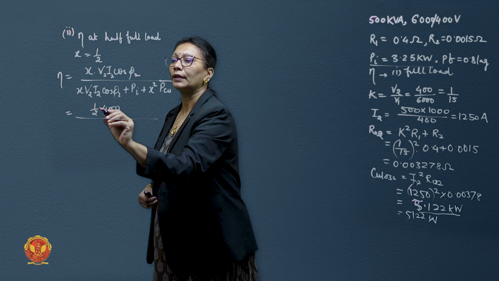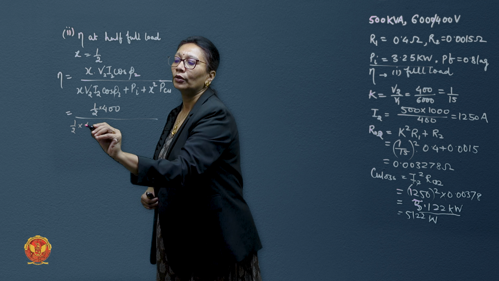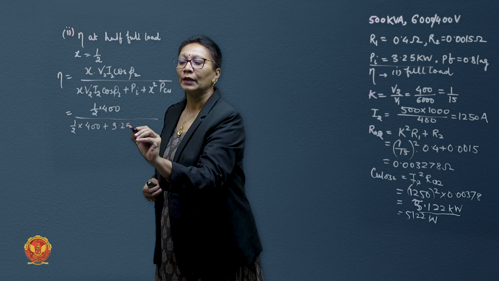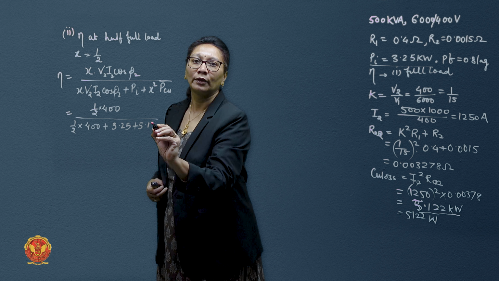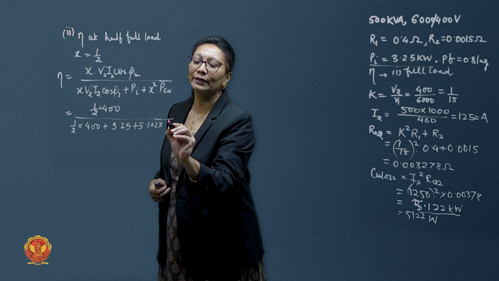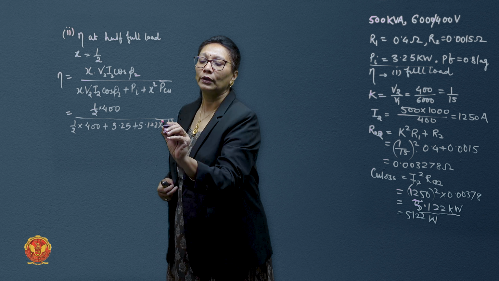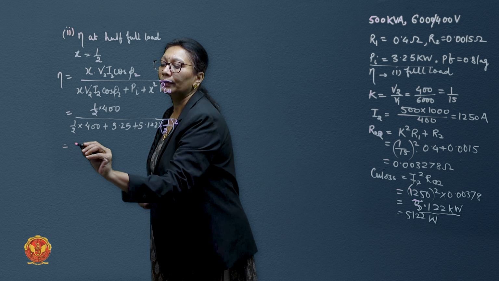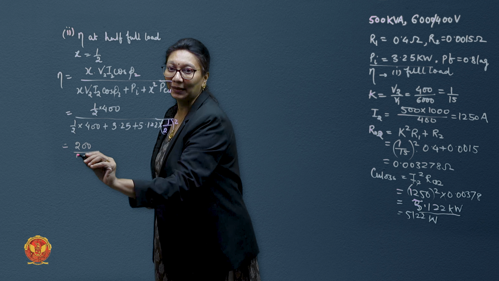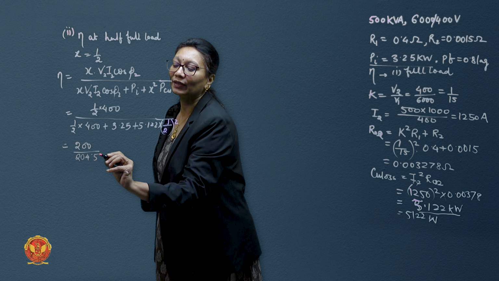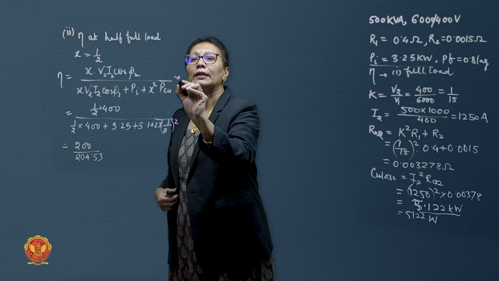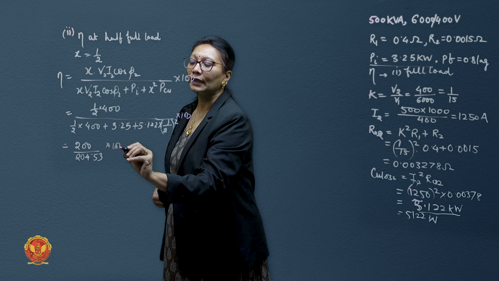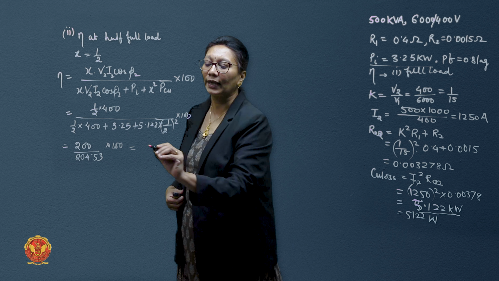Half into 400 divided by half into 400 plus Pi, which was 3.25, plus copper loss, which was 5.122, into 1 by x square, that is 1 by 2 whole square. After calculation, this gives 200 divided by 204.53. This is a ratio, but we need the percentage, so multiplying by 100, we get the efficiency at half of full load.